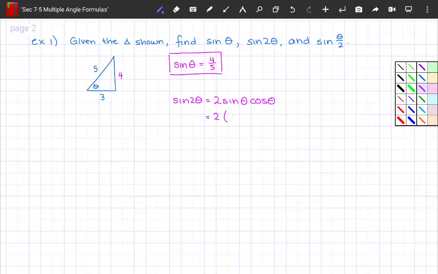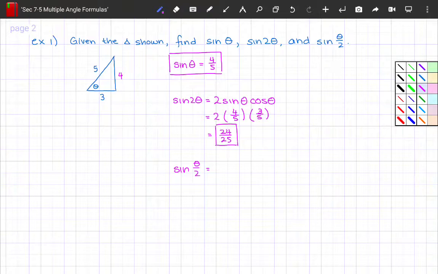But now we can do this. We know the sine of theta is 4/5, and the cosine of theta is 3/5. And then just multiply. 2 times 4 times 3 is 24. 5 times 5 is 25. 24/25.